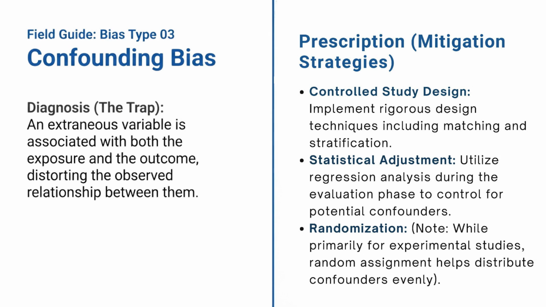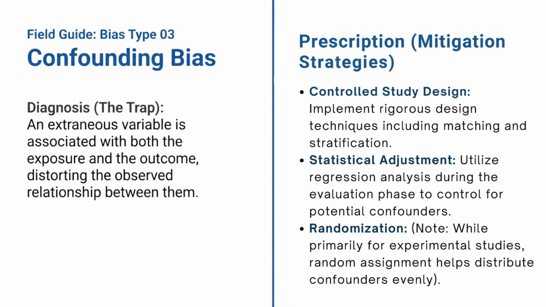This happens when an extraneous variable, a third wheel, is associated with both the exposure and the outcome, distorting the relationship. For example, coffee drinkers might look like they have higher cancer rates, but if coffee drinkers also smoke, smoking is the confounder, confusing the data. We tackle this in the design and the analysis.